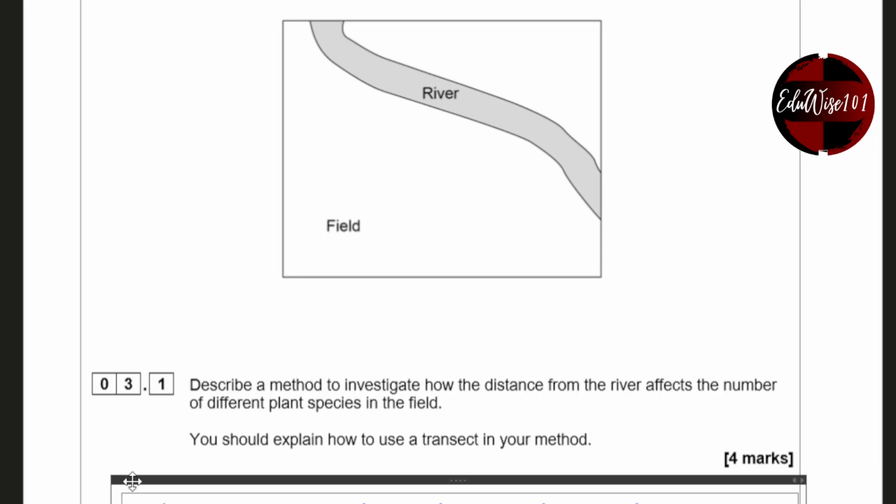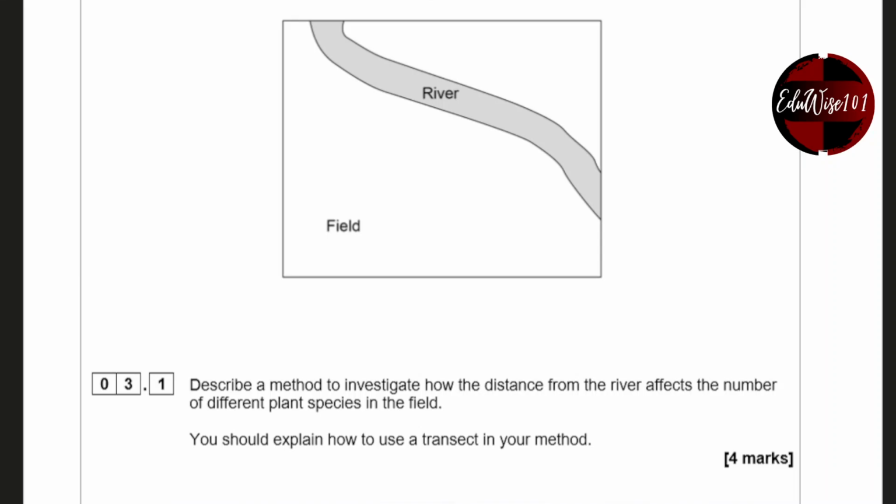Now, what is a transect and how do you actually use it? That's what they're actually asking. So let's say you're trying to measure the different types of plant species in the river. I'm going to use this diagram to explain it. So what you would do is from the edge of the river, you would measure certain points.